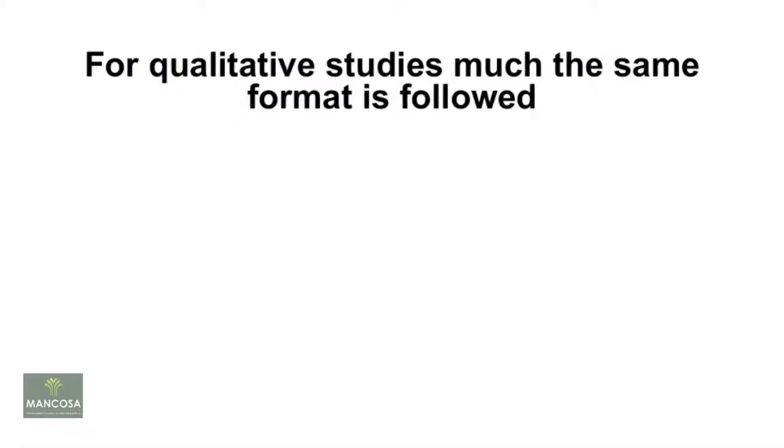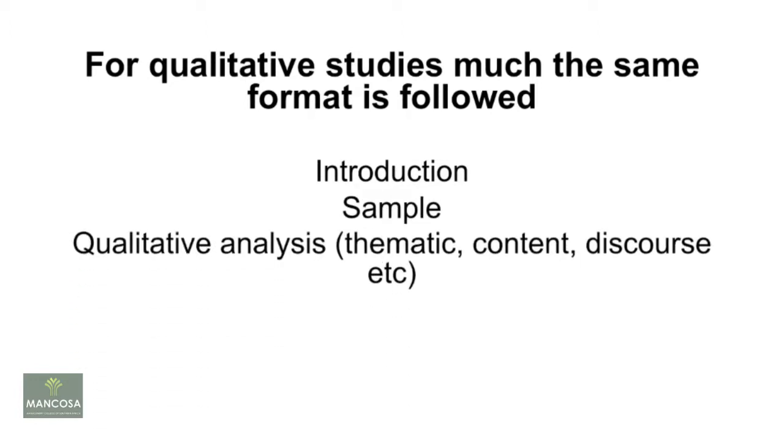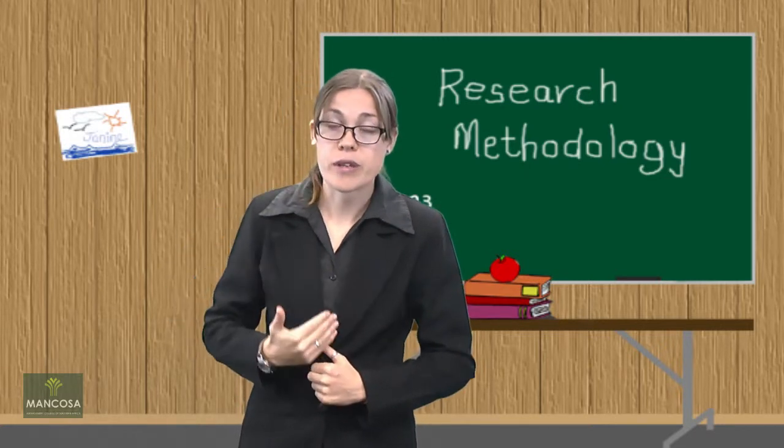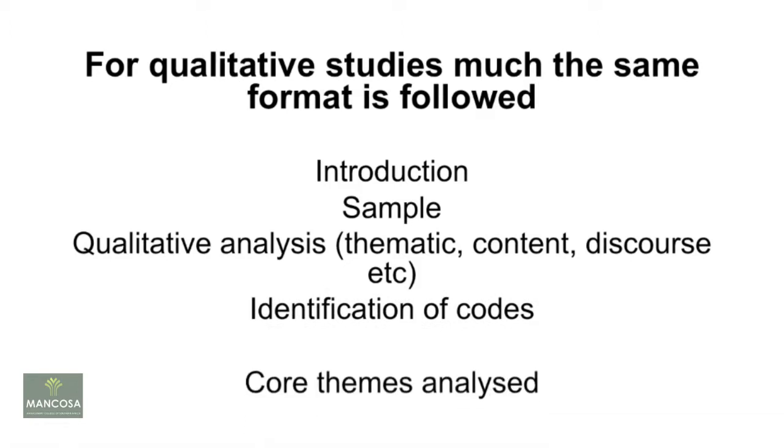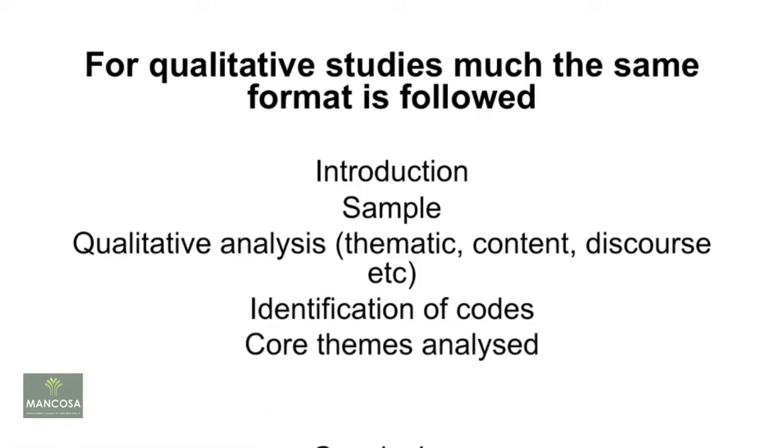For qualitative studies, we follow pretty much the same format as is indicated. We have the introduction, we have the sample, and then we have the qualitative analysis, right, whether it's thematic, content, discourse, and so forth. Then we basically highlight the way in which we've identified and derived codes. Then we discuss the core themes that we analyzed and we draw conclusions.